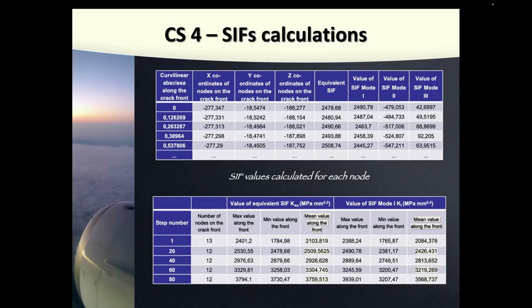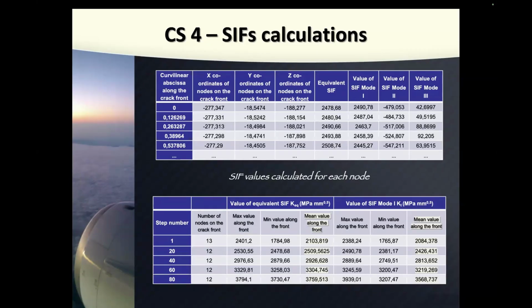It's only 12 nodes because it's a very thin structure. Along the front, for each node you have some values: the maximum is 2,400 and the minimum is 1,784. But this is the initial crack, and remember that the crack was initiated in that area between the nozzle and the shell.